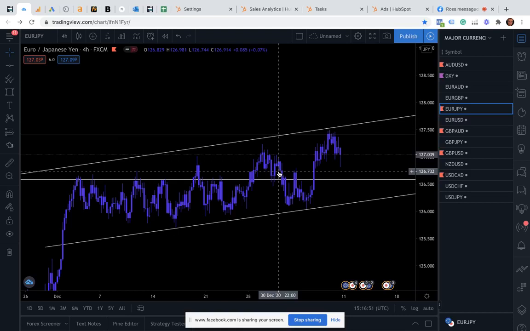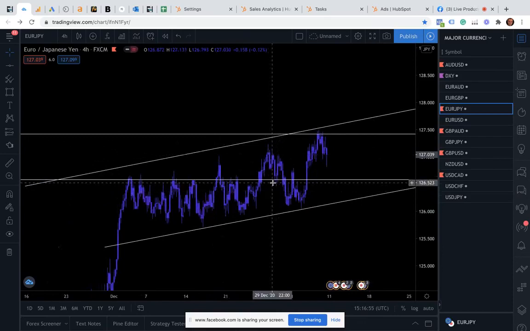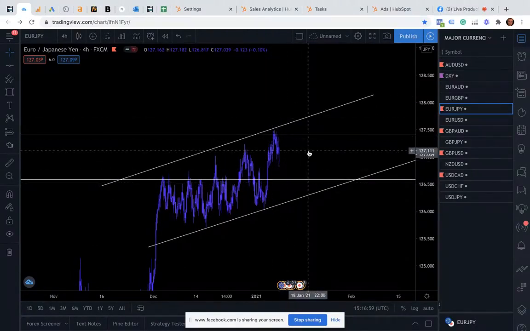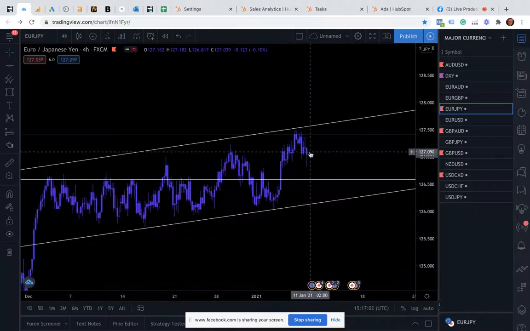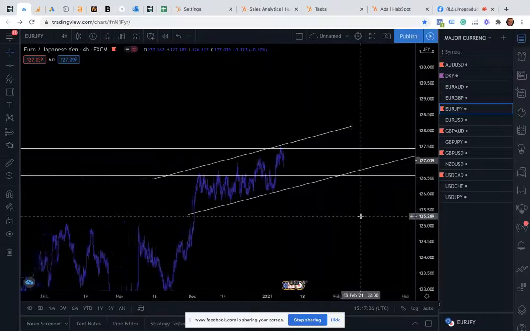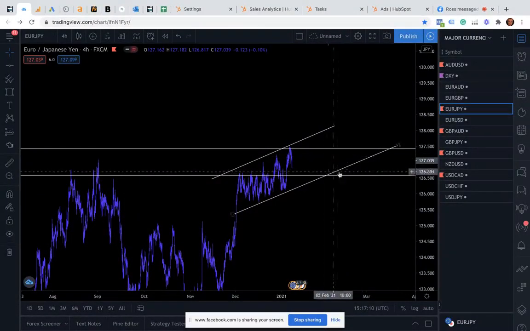Now, the fact that this has happened just in line with this massive zone that we've got here, what would we be looking for? We would be looking for potentially a short position. That's not to say that this is guaranteed to go short, but because again there's so much data on the weekly, and we know that when price hits this zone, big things tend to happen.